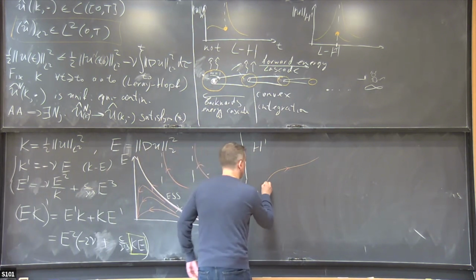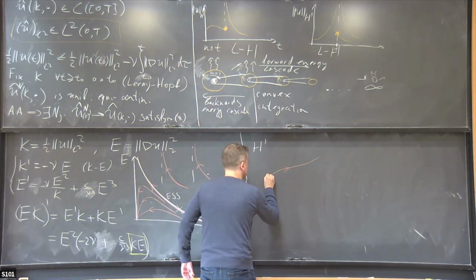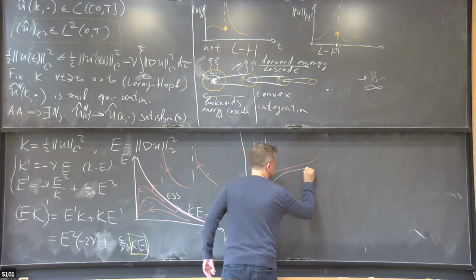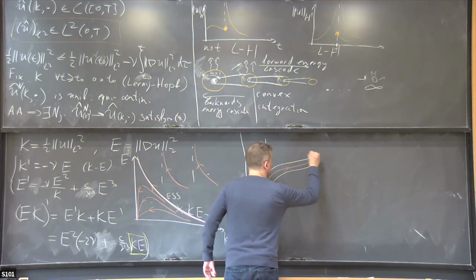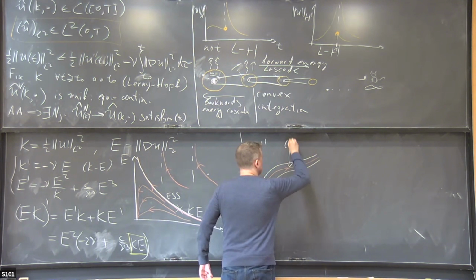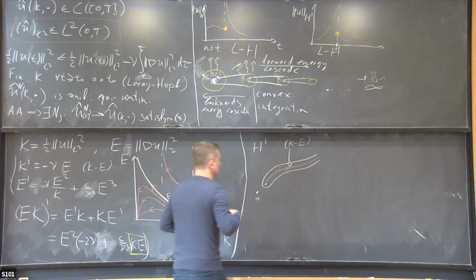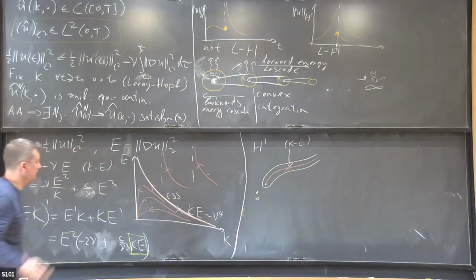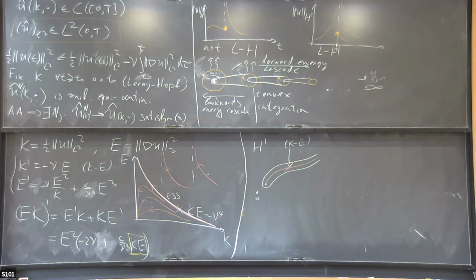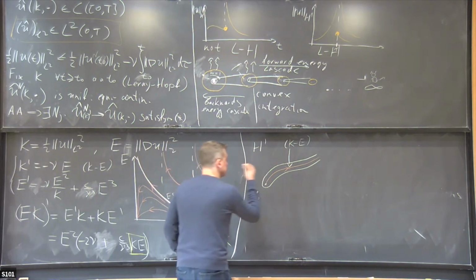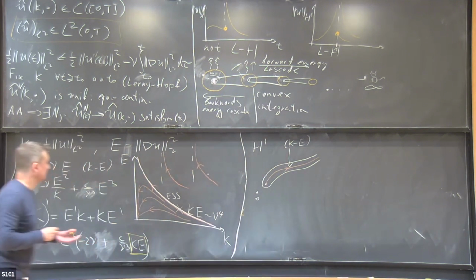And if you'd like, you can even take a small epsilon neighborhood of this path. Okay, the model is going to hold there, maybe up to some constant. If a solution decides to stay there, it's going to go up.